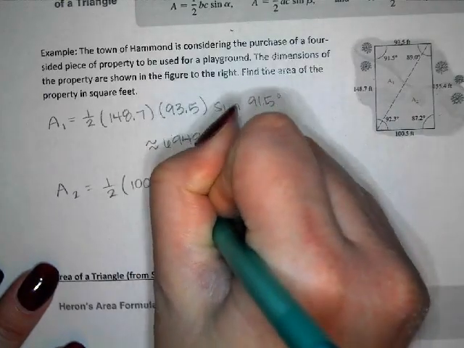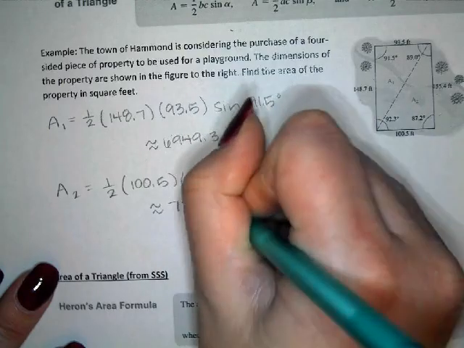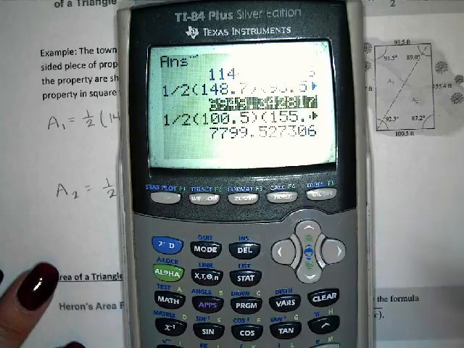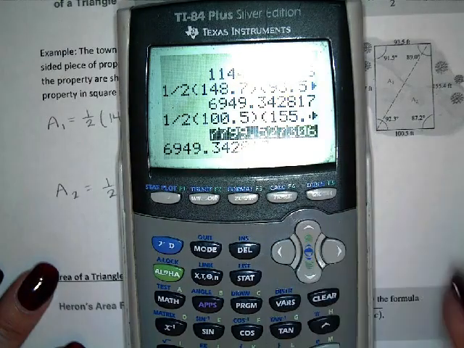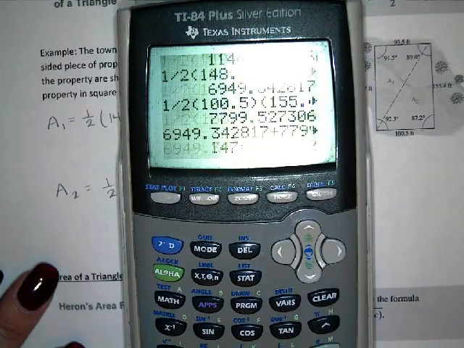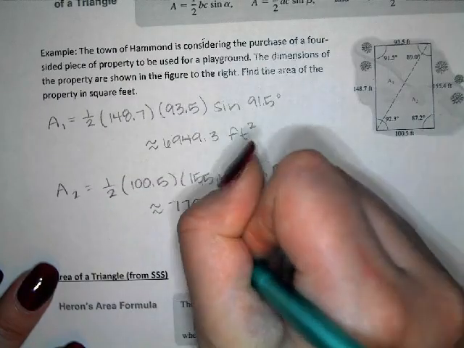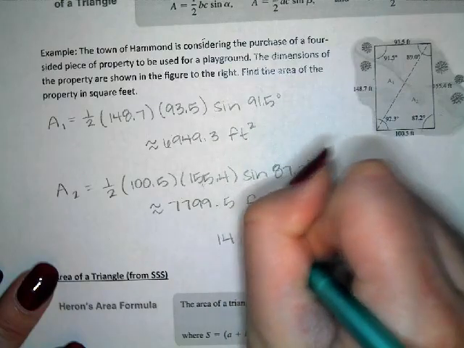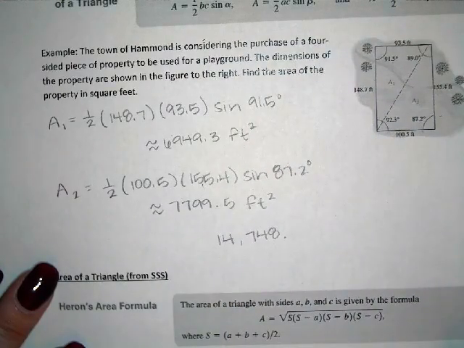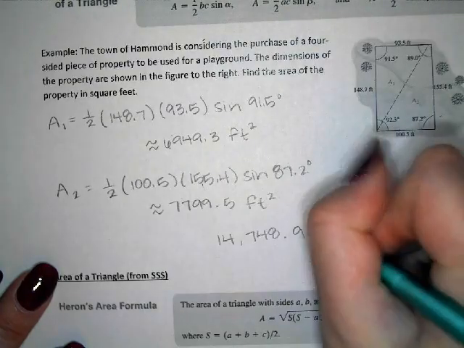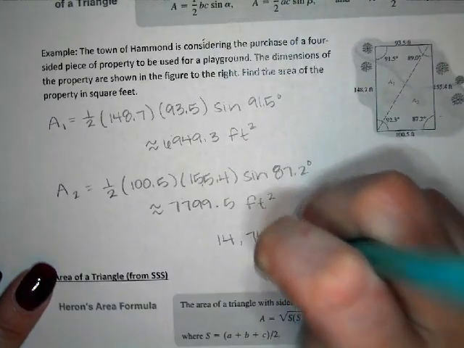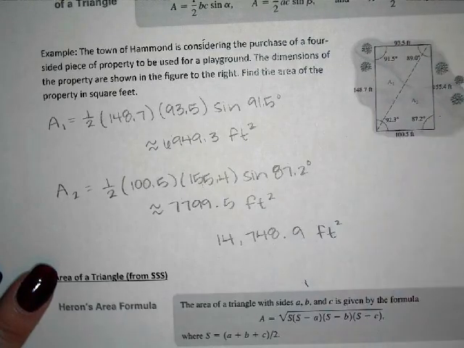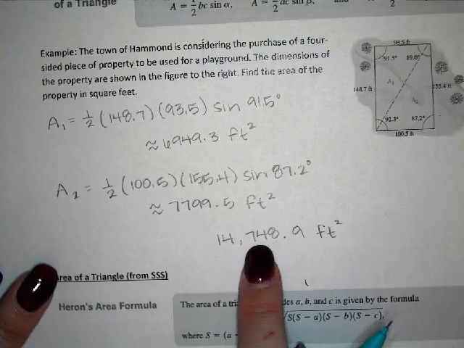And so if we add them together, 14,748.9 square feet. So 14,749 square feet. They didn't tell us what to round to, but nearest square foot would probably make sense.